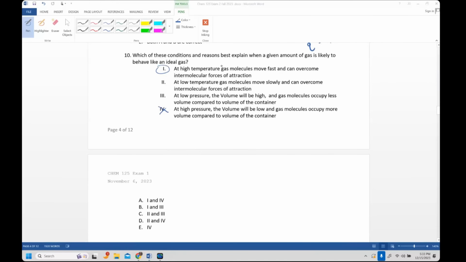At high temperatures, the molecules move fast and they overcome the forces. That is true. If they move slow and they overcome the forces, that's still possible, but it's less likely. And for 3, at low pressure and high volume, the molecules will occupy less volume compared to the volume of the container. That's also true. So I'd say 1 and 3 is the best answer here.